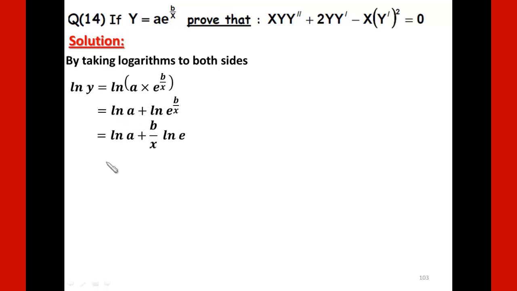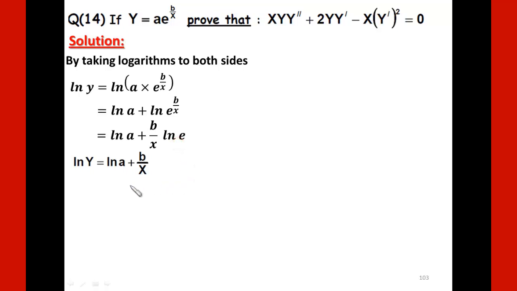Ln a is a constant, plus b over x multiply ln e. Also, we use the properties of logarithm, because ln e equals 1.